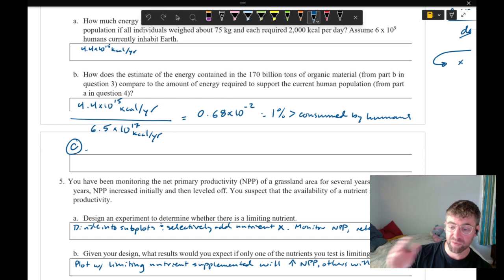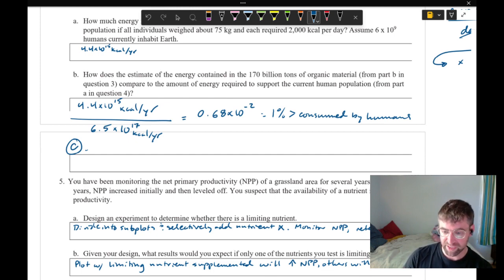So we figured that less than 1% of the plant biomass available is consumed by humans. The plant biomass on Earth ultimately supports or nourishes all of the animals, the fungi, and many of the prokaryotes. In addition, large portions of the biomass produced are not consumed, such as trees.